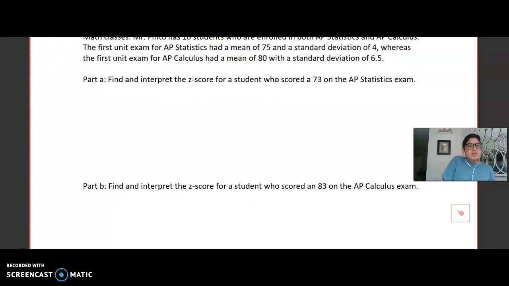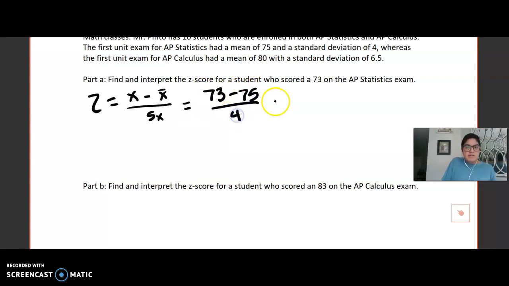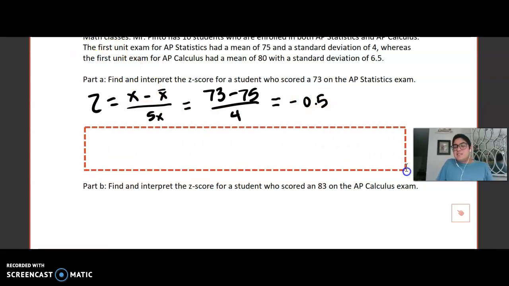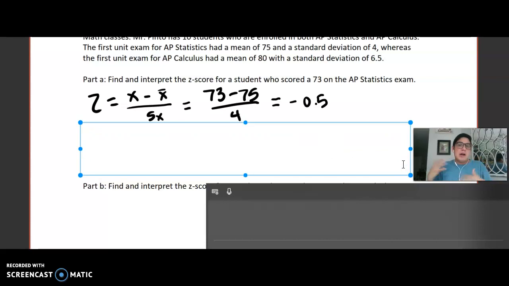So I'm going to start off by writing down the formula that we are using. You can see observation minus mean over the standard deviation. So we have a 73 with a mean of 75, divided by 4. And that is going to give me a z-score of negative 0.5. And we interpret it as this. The sign is only going to tell us if we're above or below, so we're not going to say we're negative standard deviations away.